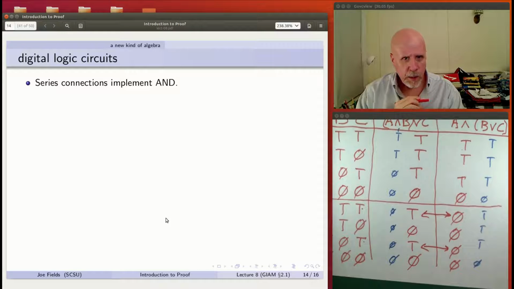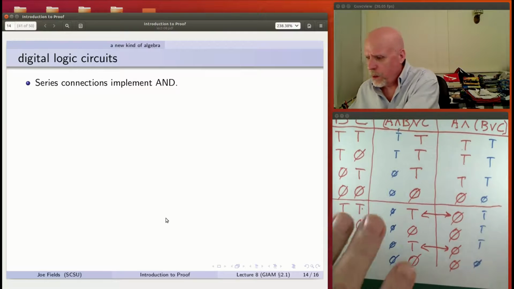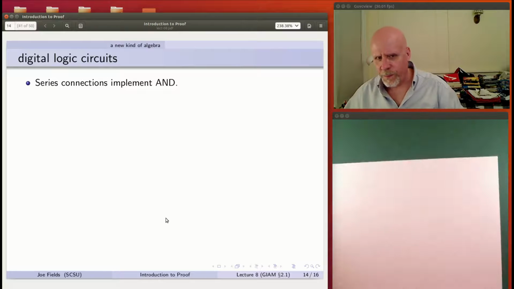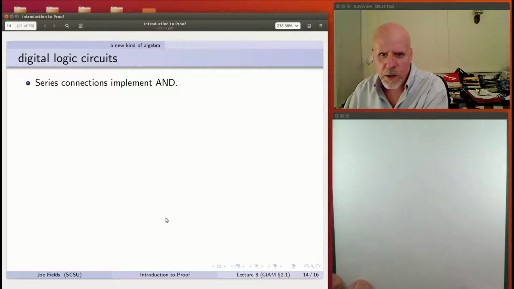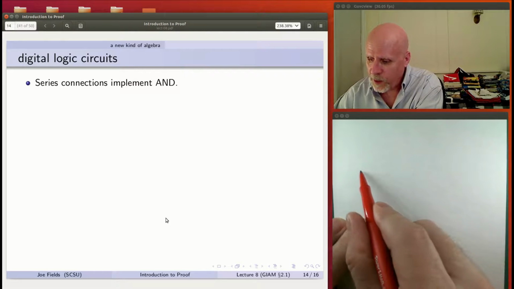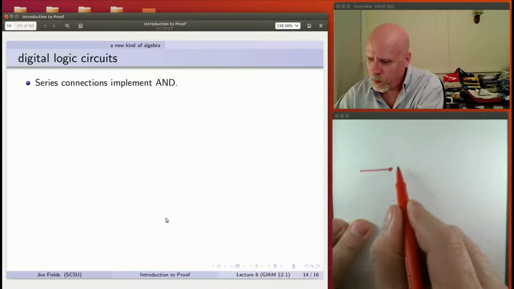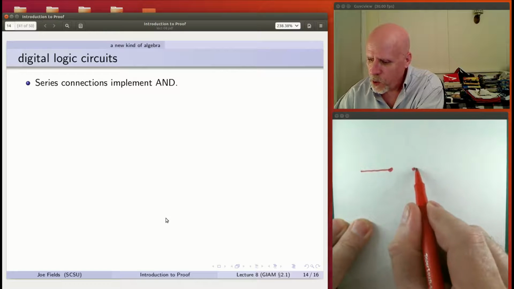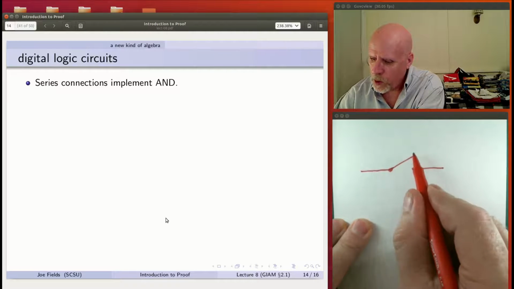In the textbook, they talk about transistors, and it shows the series and parallel connection of transistors. I'm going to say this with just switches. Switches are maybe a little bit easier to understand. Transistors aren't all that bad, but you can think of a transistor as just being a switch that's controlled by electricity. So a switch really has the right idea to it. In an electrical circuit diagram, we draw switches like that.